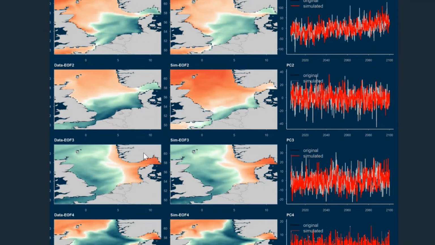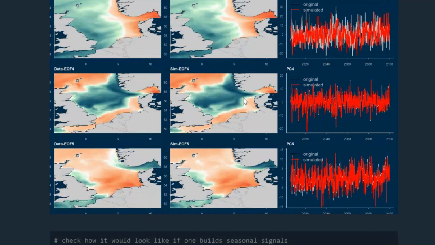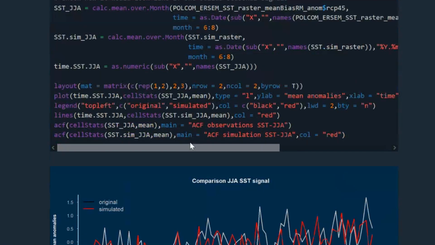Those have some discrepancies, and then you see EOF4 is perfectly matching, and EOF5 also. Why is it? Because we only put PC1 to PC3 of temperature in our algorithm. So of course it should match perfectly, because the decomposition of the higher order EOFs should be the same. And it is.